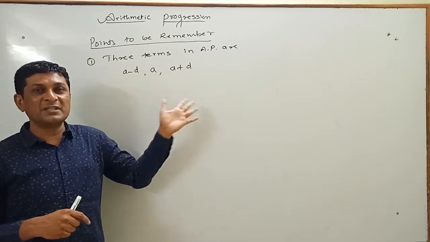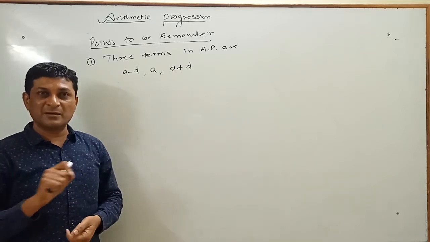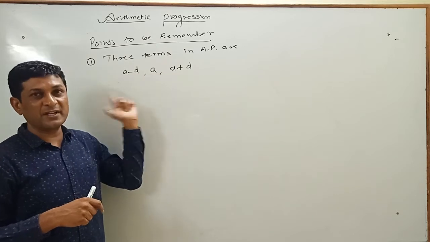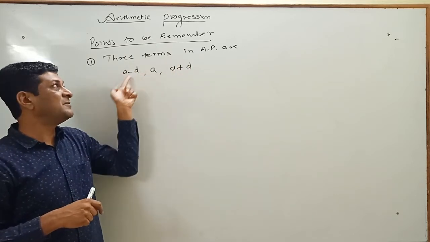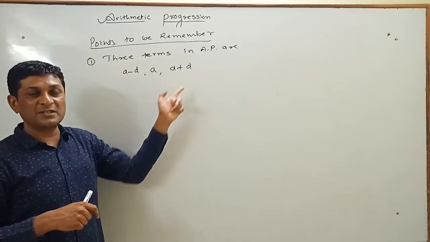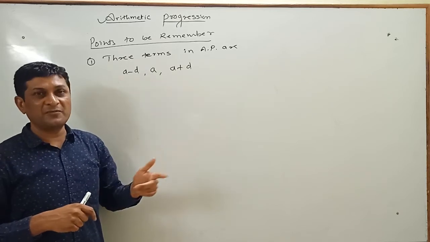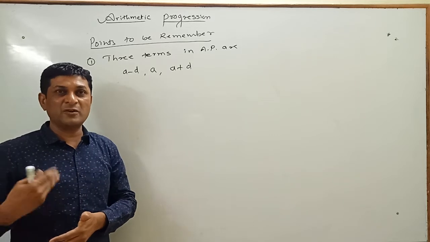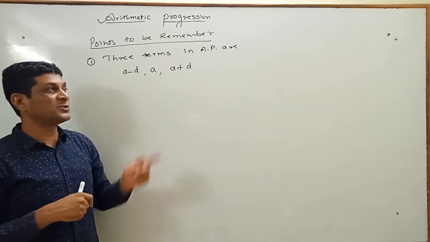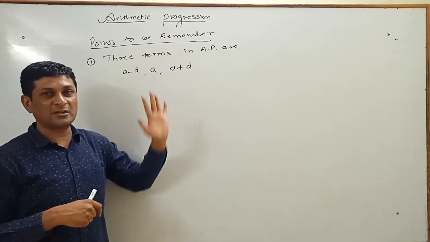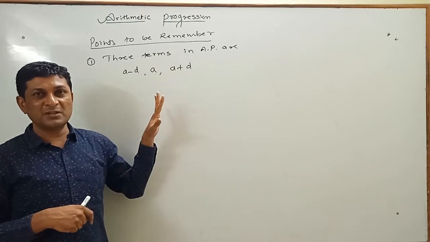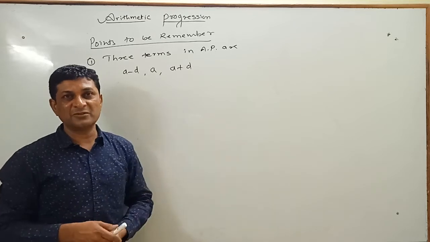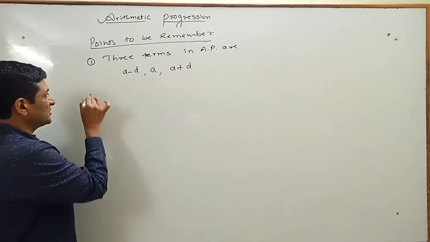We know that the sum of three angles is equal to 180, which means the sum of these three terms is 180. If we take the sum of these three terms, minus d and plus d will get cancelled, and we will get the value of a. Then, using the second condition in the example, we will find the value of d. Once the values of a and d are known to us, we will get the three terms in arithmetic progression. So if the example is related to three terms, use this as the three terms of an arithmetic progression.